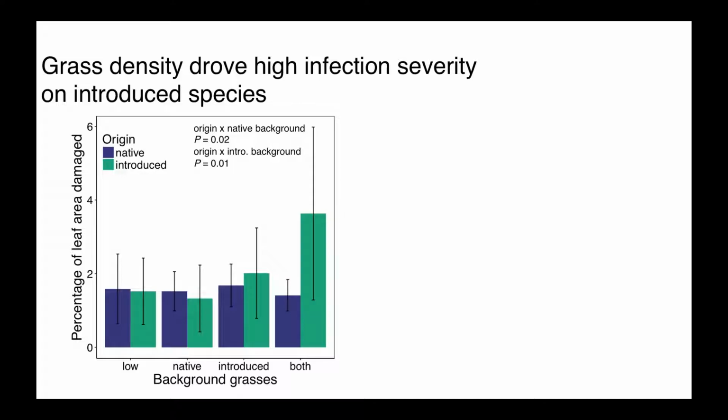And then we looked at how much damage they're causing to the plants in terms of the percentage of leaf area that's damaged and also the proportion of leaves on a plant that are damaged. When we look at percentage of leaf area that's damaged, we saw that when the introduced plants were in communities that had high density of both species or both groups, they had the highest amount of damage.